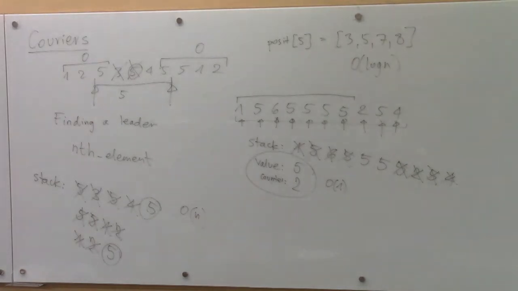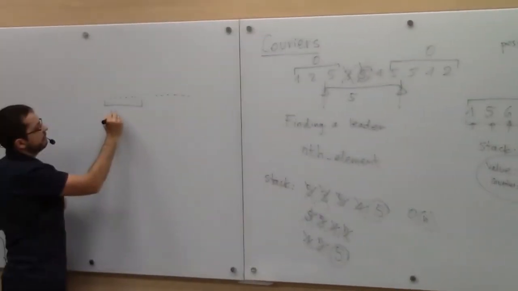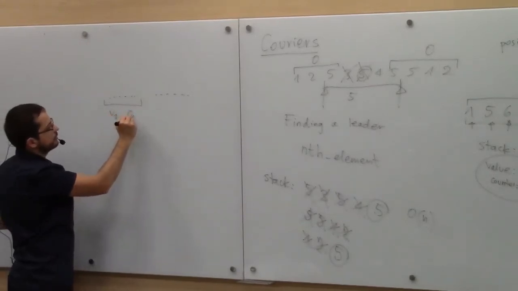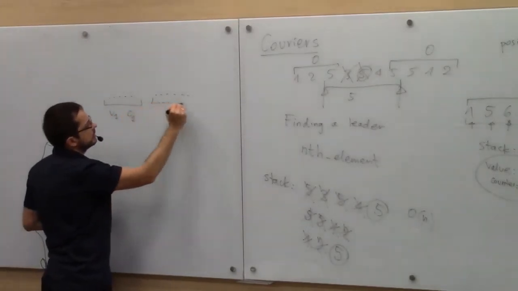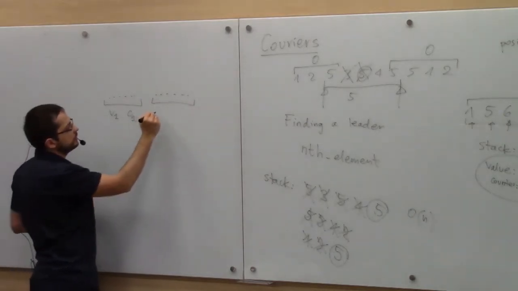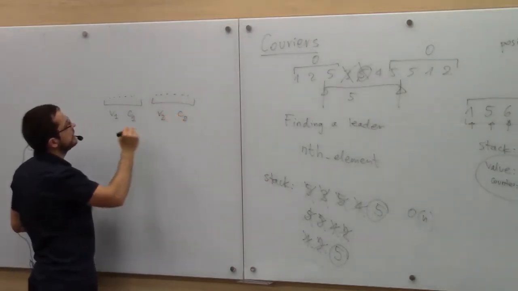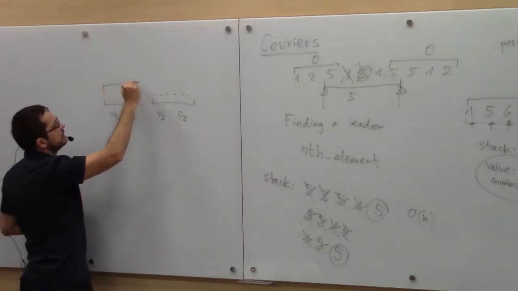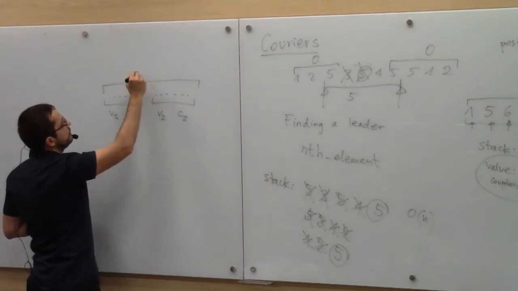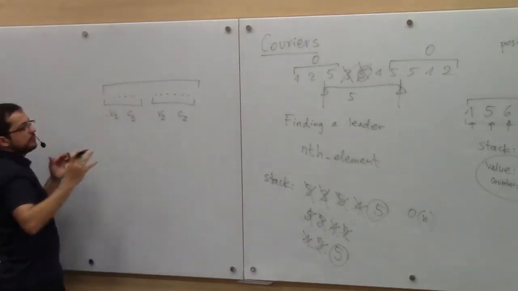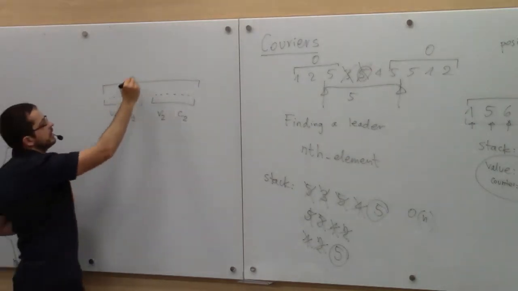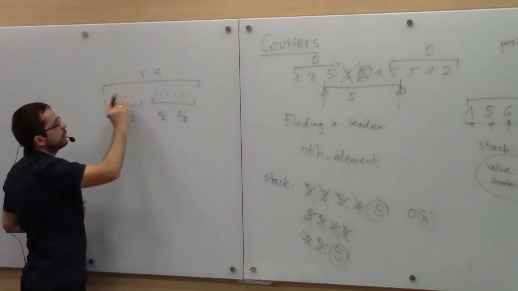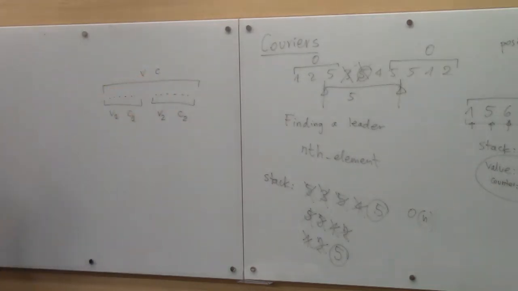So, for instance, if we have some values, so this is one part, and for this part we have value 1 and counter 1, and we have another part, and we have value 2 and counter 2, and we would like to produce from them the information about the merge of these two parts, and produce value and counter for the whole sequence.